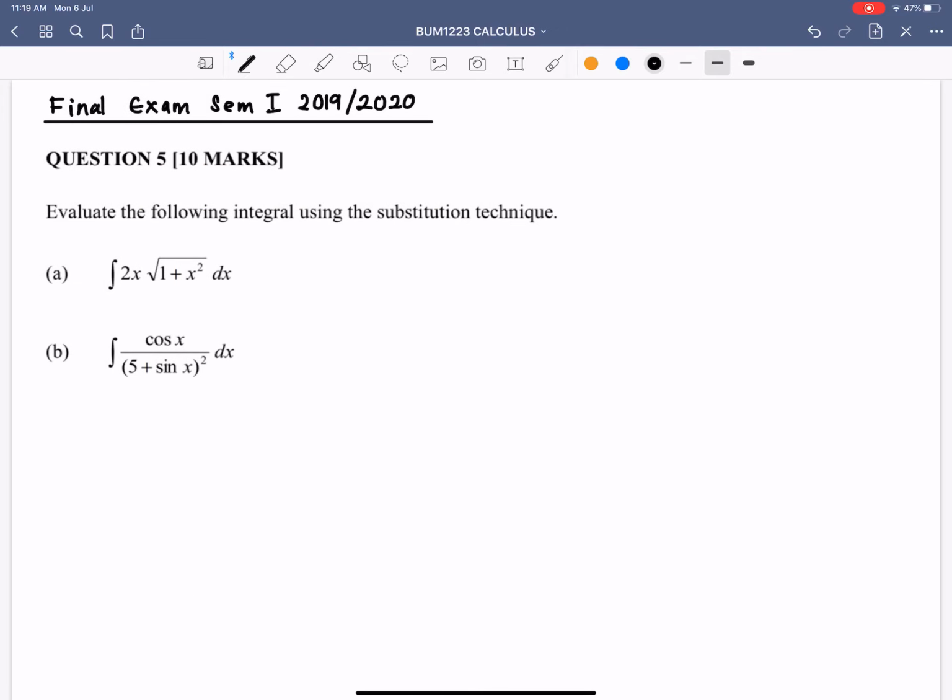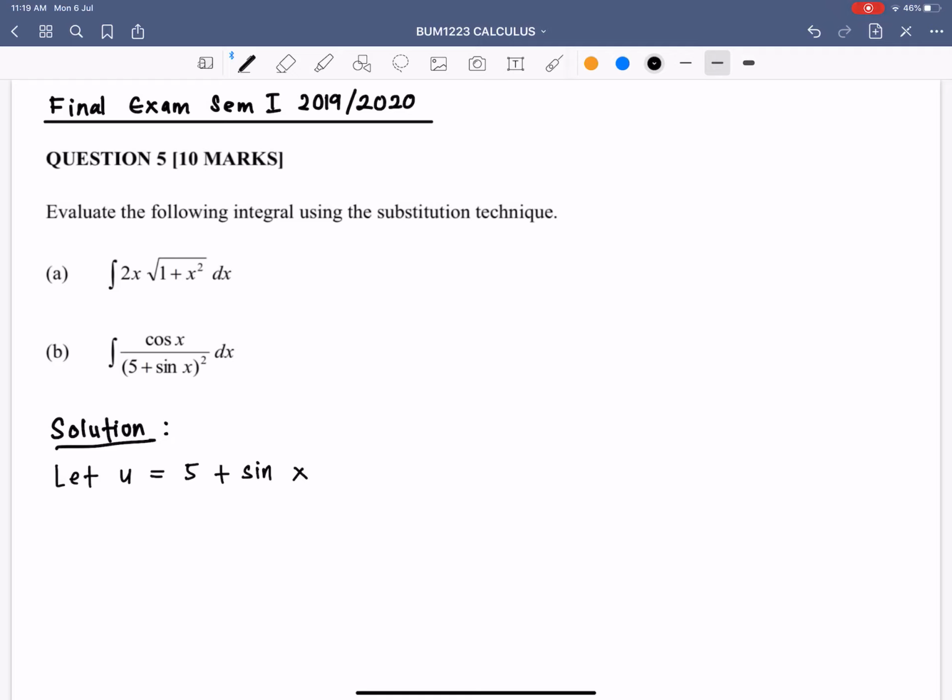Next, let us look at question B. For question B, we have a function involving trigonometry. Solution for question B: we want to let u equal 5 plus sine x.